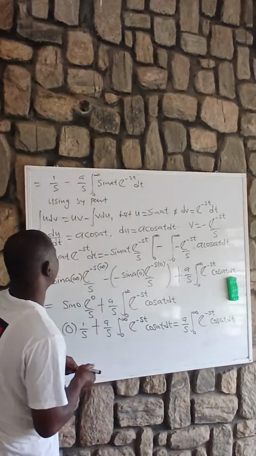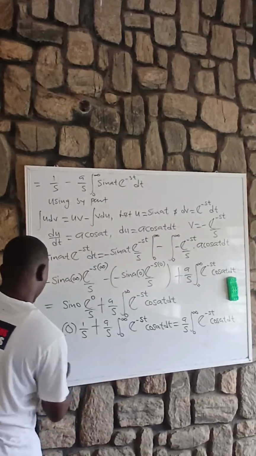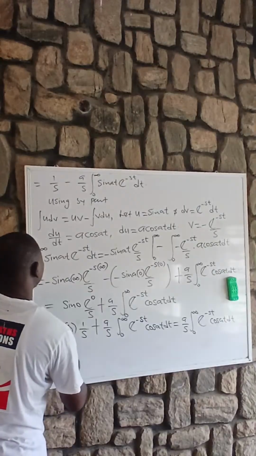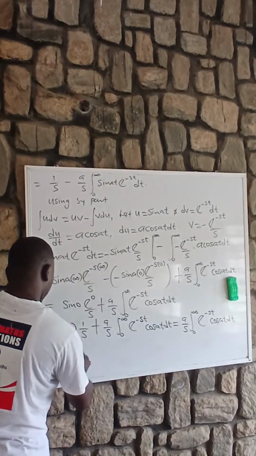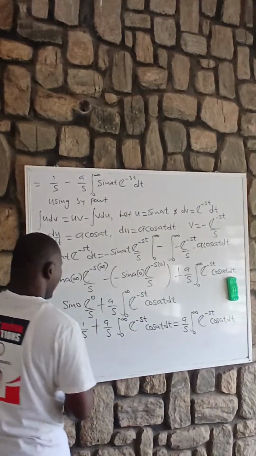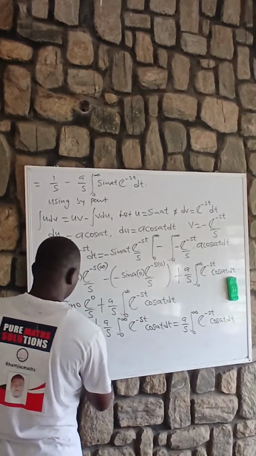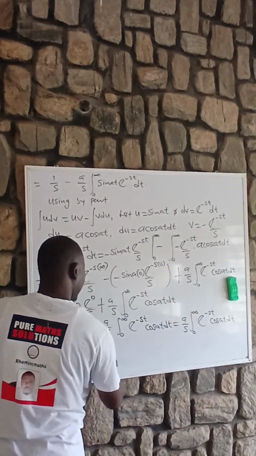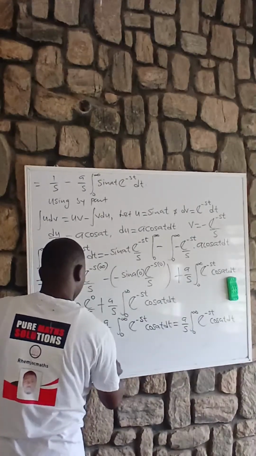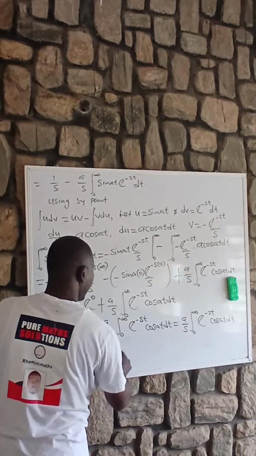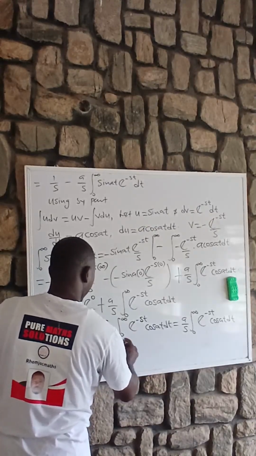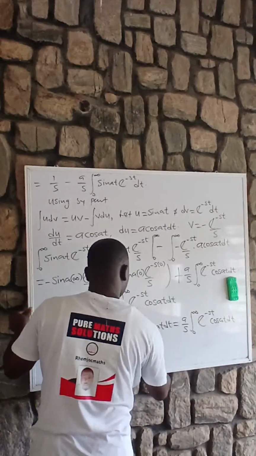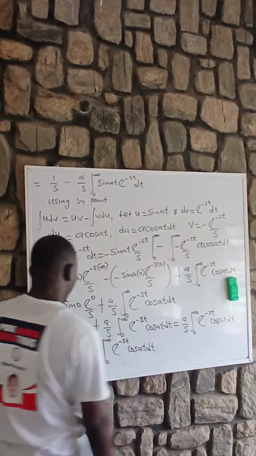So if we want to add them up, this is how it will look: 1 all over s, then minus a all over s, times this a all over s, then integral 0 to infinity exponential minus st cos at dt. Do you agree with me?